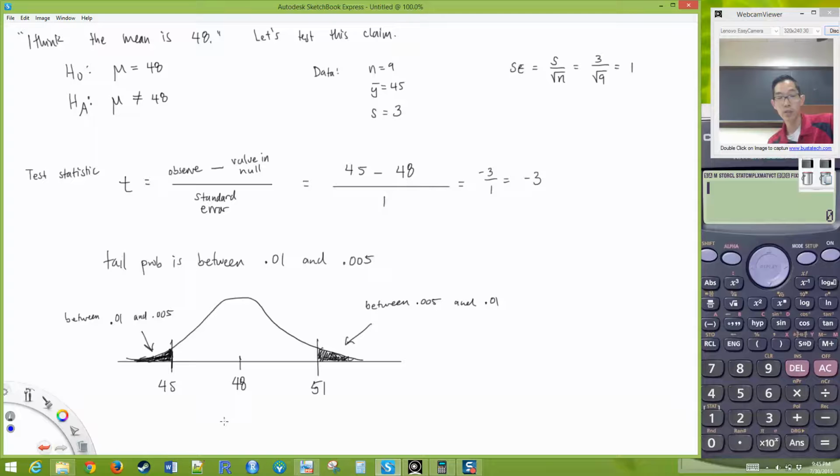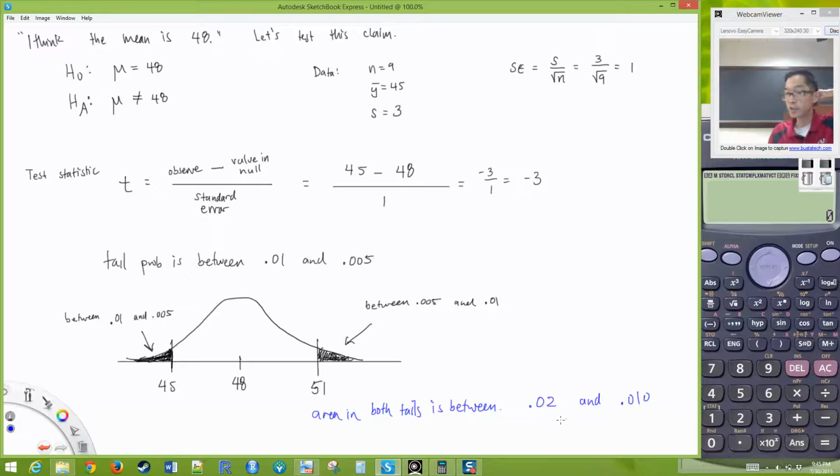So the total area in both tails is between 0.005 and 0.01, times 2, which is between 0.01 and 0.02.